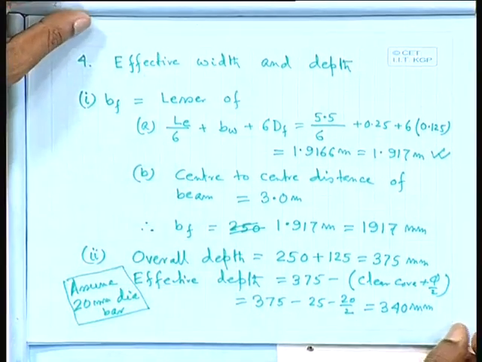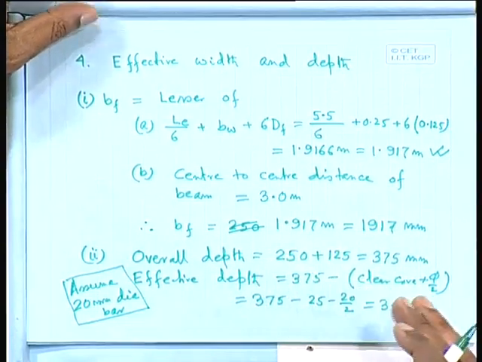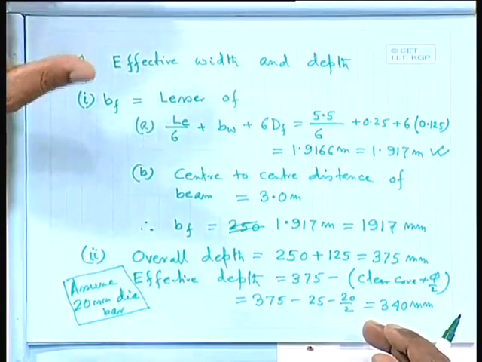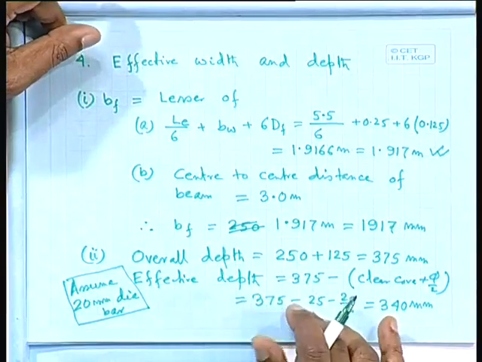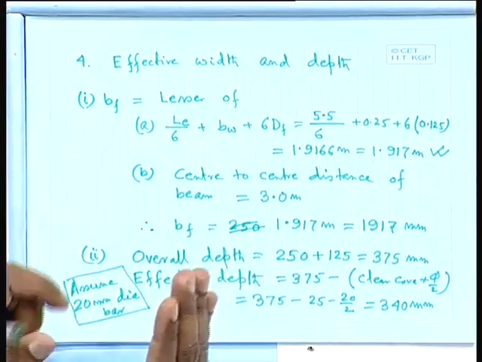In this case, I am always mentioning this the other way. In books also you may find that they assume the effective depth, and that you can also do, instead of assuming the overall depth and then coming to the effective depth. But why I prefer this one is because finally we have to provide an overall depth, and overall depth should be a regular number.